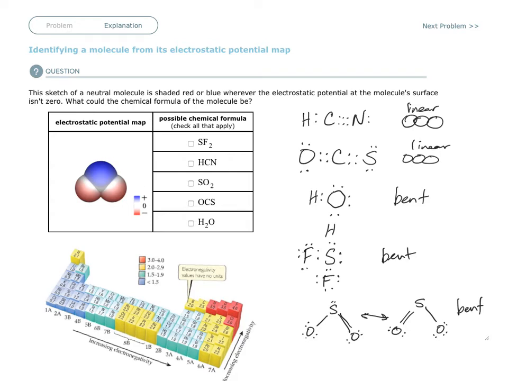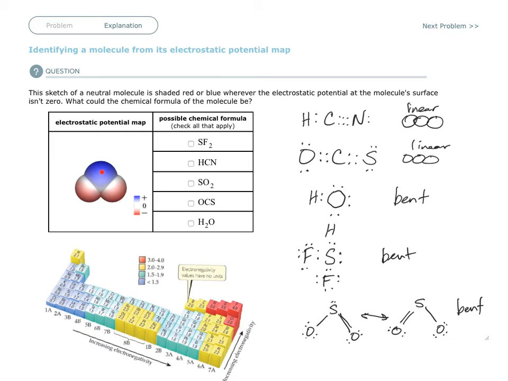Is there any of these three that it cannot be? Let's look at the positives and negatives. Whichever is more electronegative is going to take the electron more and become red. Well, let's look at water. Water is bent. I've got H2O.